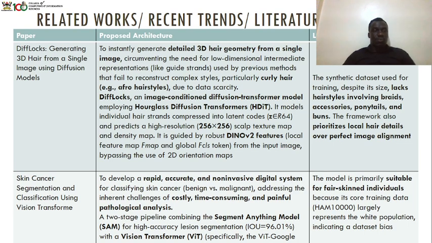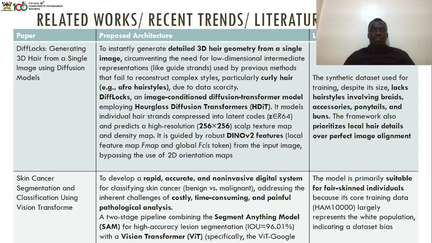And then we go to Dif-Hair, which is generating 3D hair from a single image using diffusion models. It is to instantly generate detailed 3D hair geometry from a single image, circumventing the need for low dimensional intermediate representations like guide strands used by previous methods.